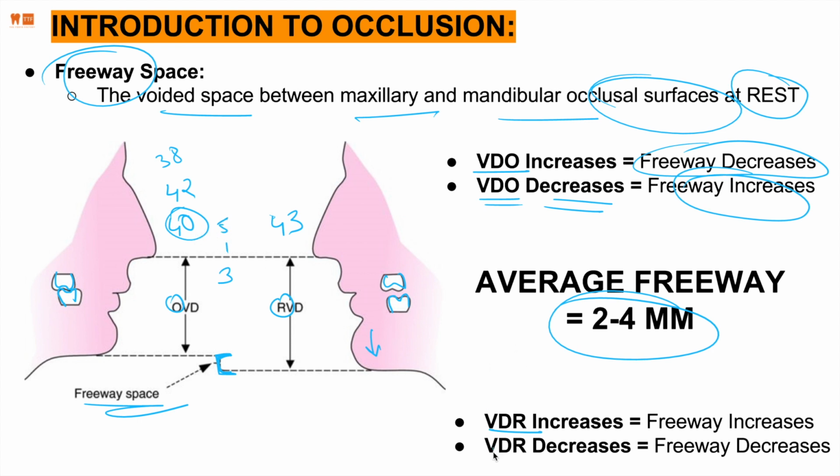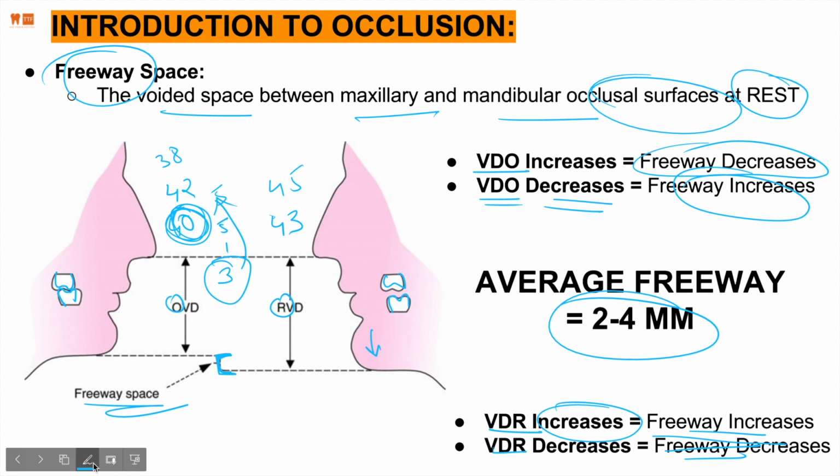Similarly, you're looking at VDR, that if VDR was to increase, the freeway space will increase as well. So think about it. If this turned into 45, but VDO was still 40, then it's 5 millimeters. It went up from being at 3, right? And then the opposite is also true.